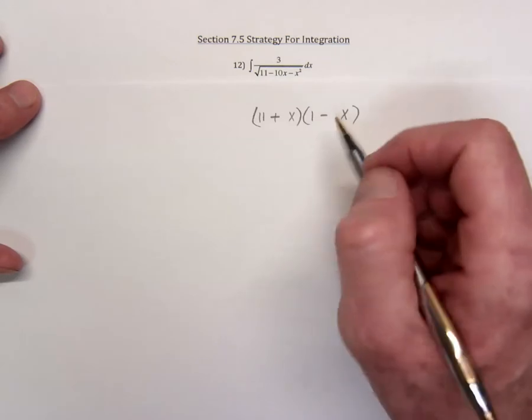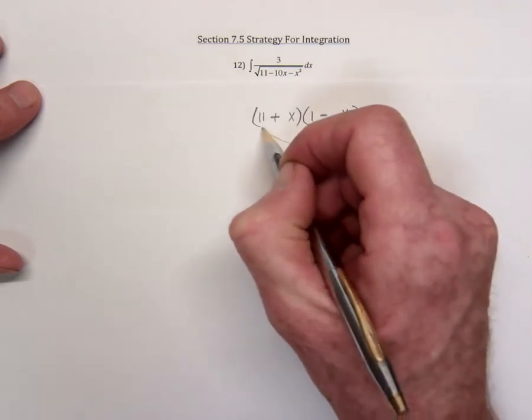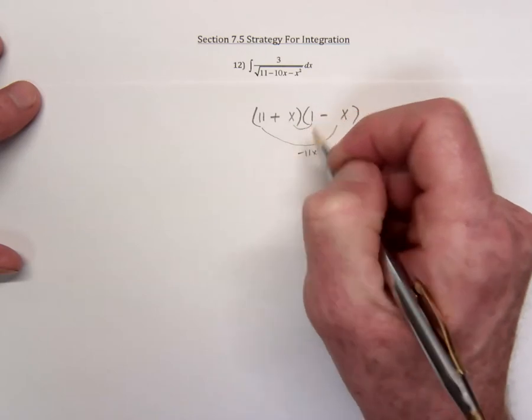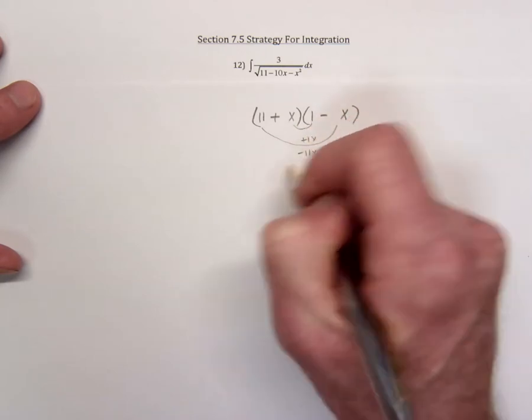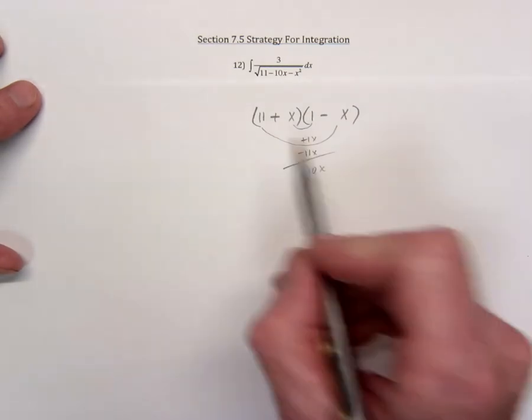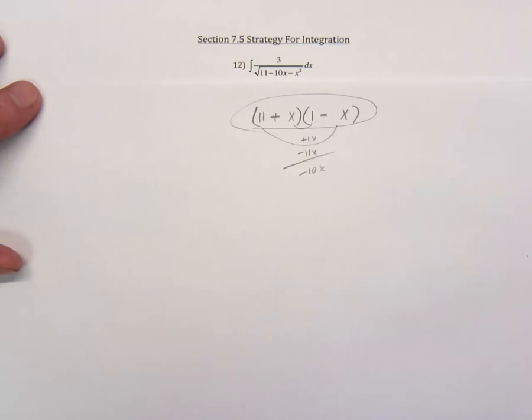And this negative x times this 11 would be negative 11x. This 1 times the 1 is a positive 1x. That leaves behind negative 10x. The only problem is, the only reason I would be factoring is if I want to do integration by parts.